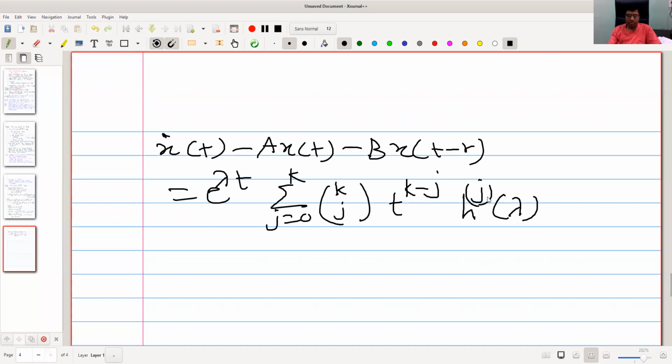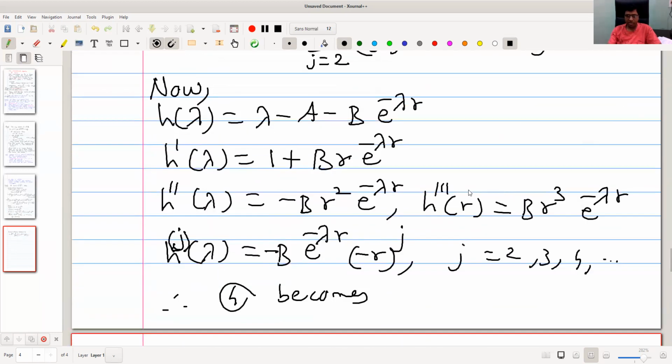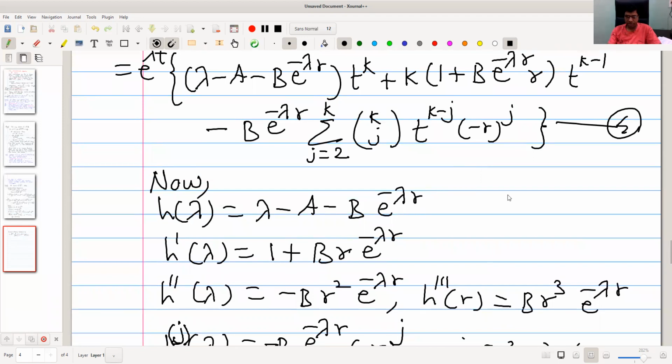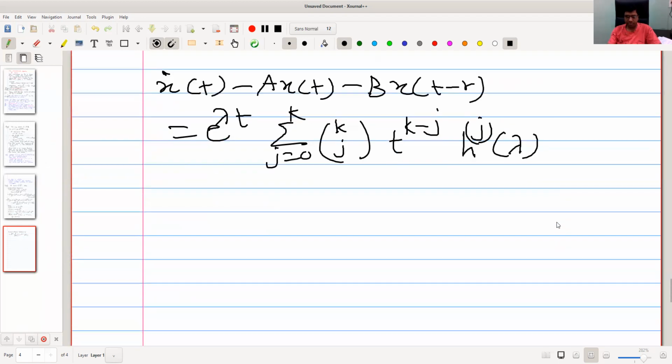Okay, so simply this one you can always see by substituting all these terms.